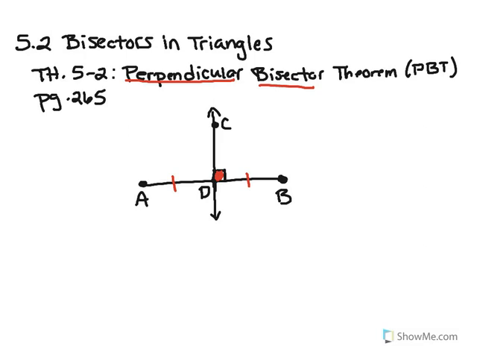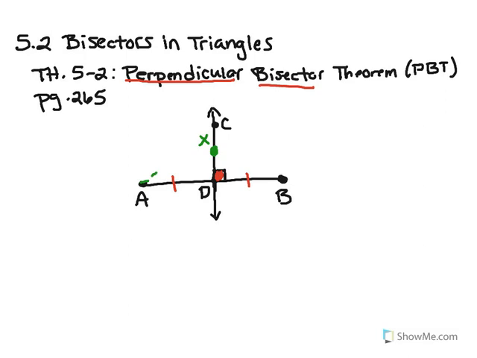And what it says is pick a place on this bisector, CD. Pick a point anywhere that you want. Let's say I pick right here, okay? And I call it X. What the theorem says is that that point is equidistant, in other words, equal distances, to either endpoint.